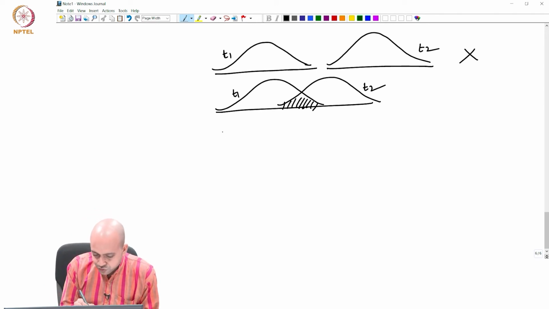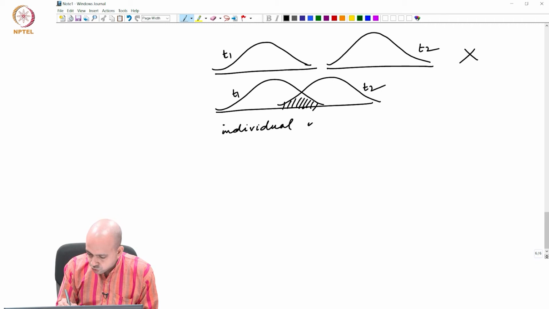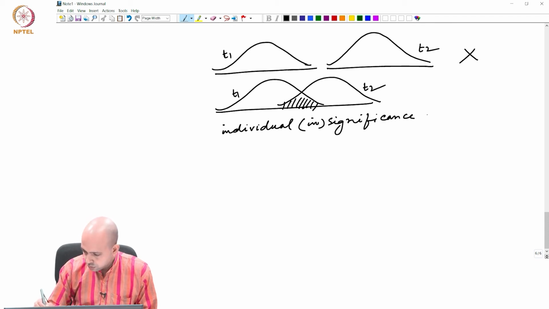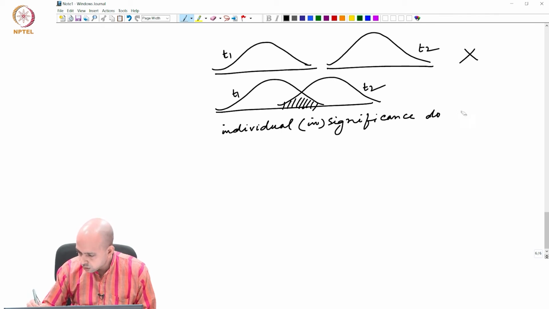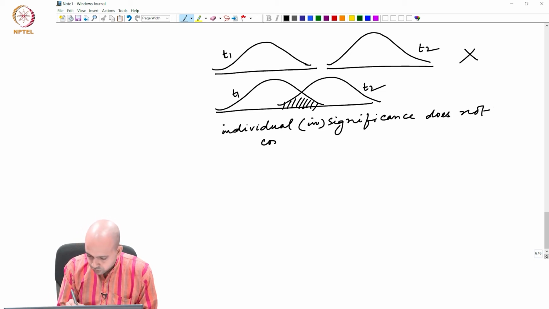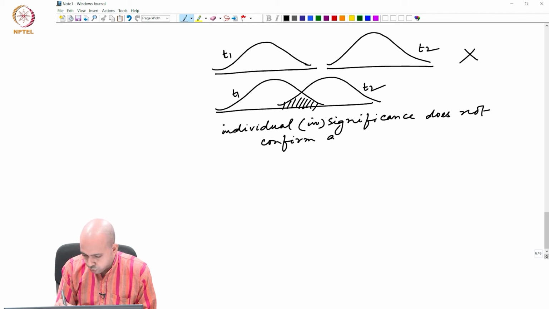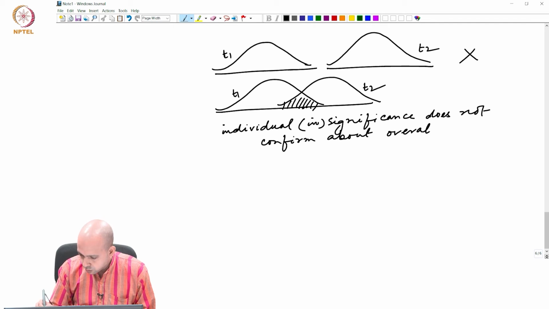That is why individual significance or insignificance does not confirm anything about overall or joint significance.